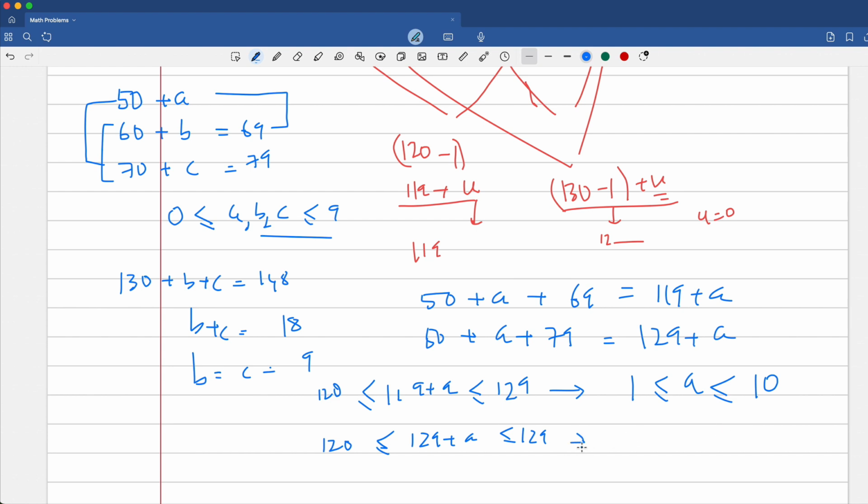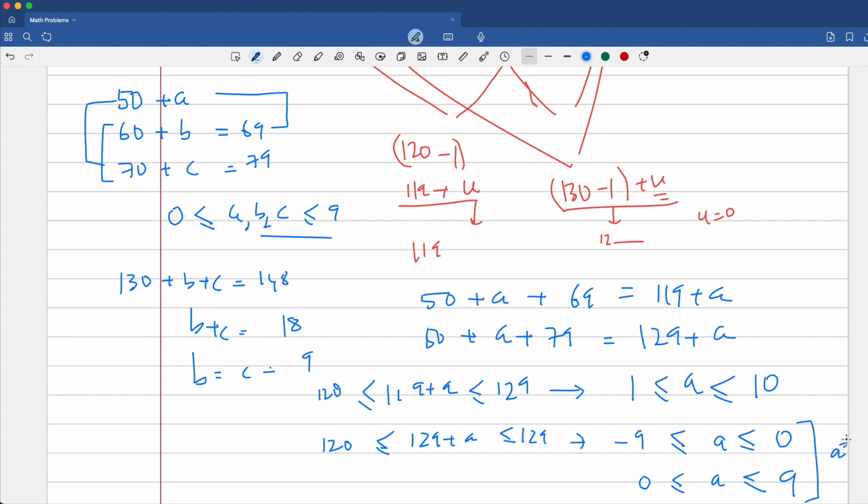And in the second one, when I do the exact same thing, I would end up getting minus 9 less than or equal to a, which is less than or equal to 0. Right, now put this along with the other inequality, which is 0 less than or equal to a, which is less than or equal to 9. So the only way this works out is if I take these two together, then a is equal to 0.